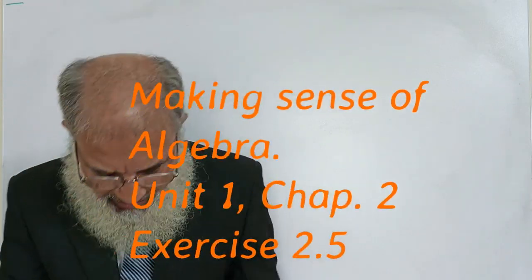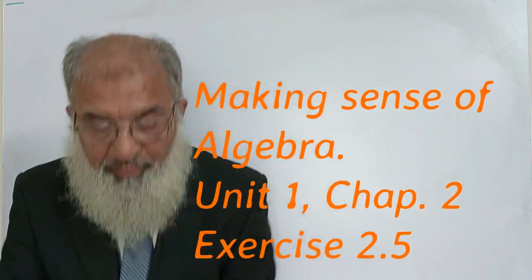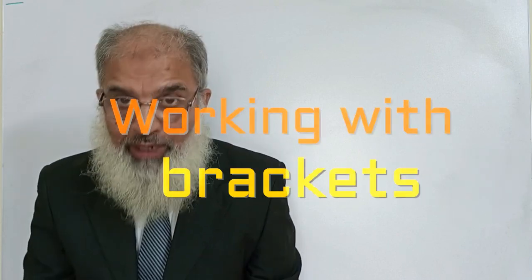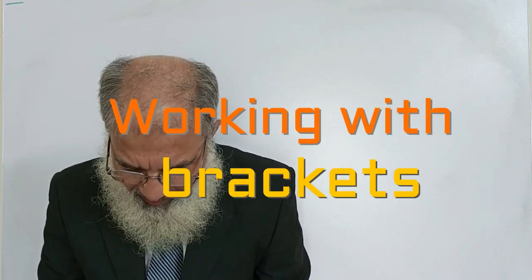And the book, as I always tell you, is this one. This is the book. As you can see, it is a very comprehensive and very easy book for O level and IGCSE levels.